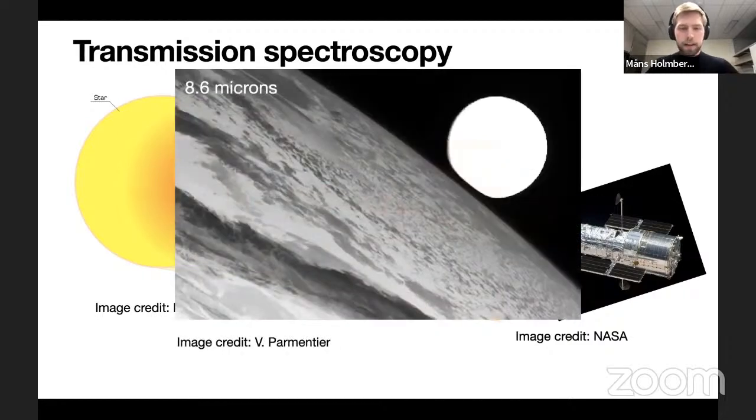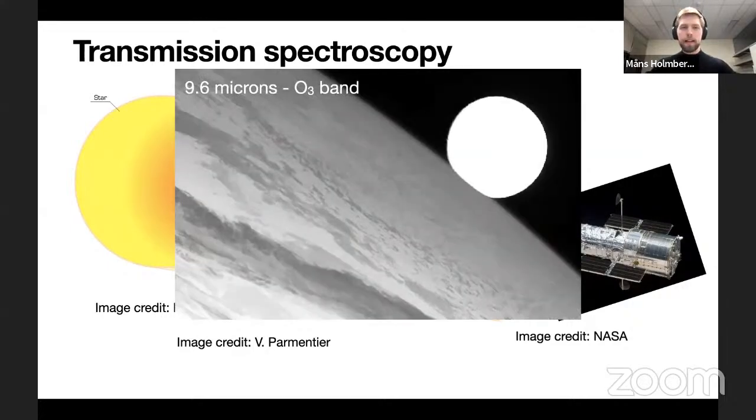So here is a fun demonstration of Earth. This is a picture of Earth in the infrared. This white blob is the moon. Ignore the moon. So this is just an infrared picture of Earth, nothing special. If we go slightly more in the infrared, there is a band which absorbs a lot of O3, which is ozone.